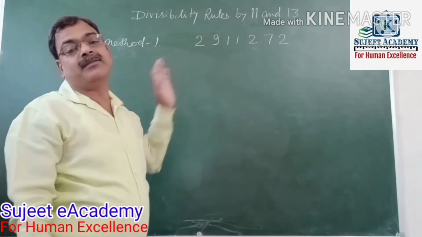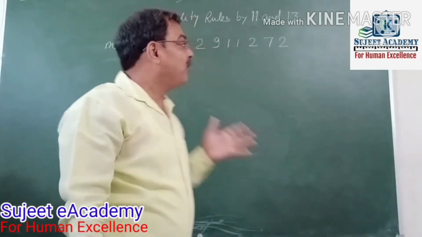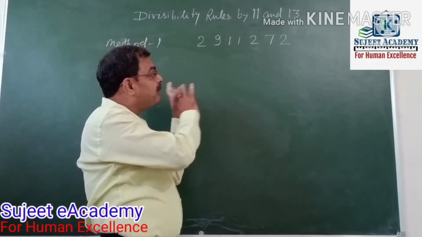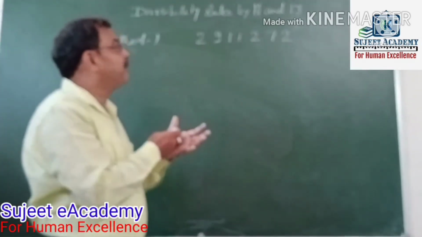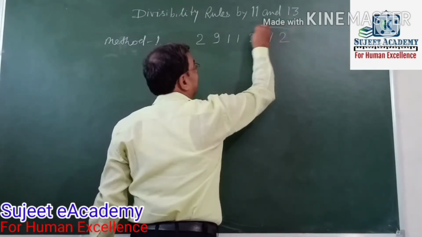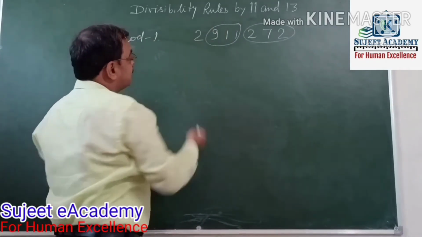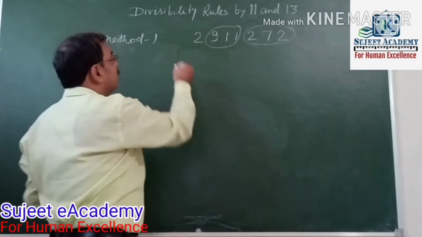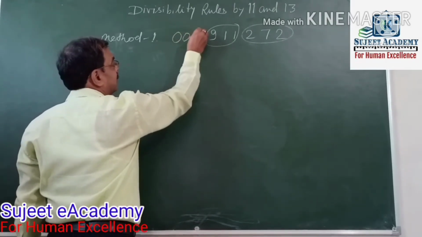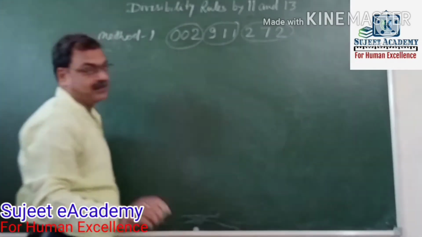Is this number divisible by 13 or not? Since this is a big number, you form triplets of 3 digits. You see that this is not a complete triplet, so you introduce some zeros for this one. This one is another triplet.